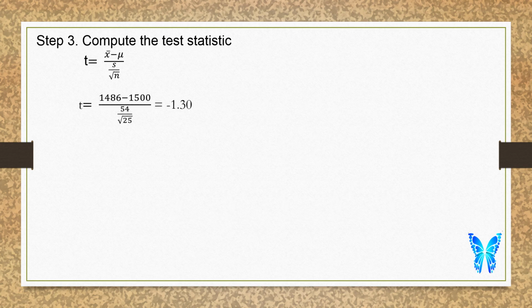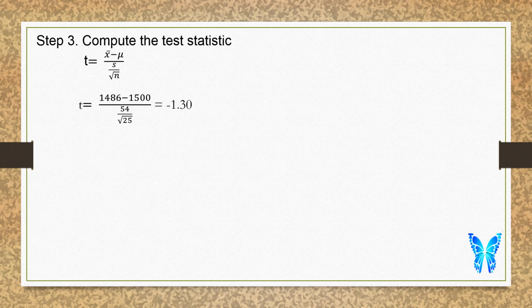From the problem, our sample mean is 1,486 minus 1,500 as our population mean, over 54, our standard deviation, over the square root of 25, our sample size. Using our scientific calculator, we obtain a value of approximately negative 1.30.